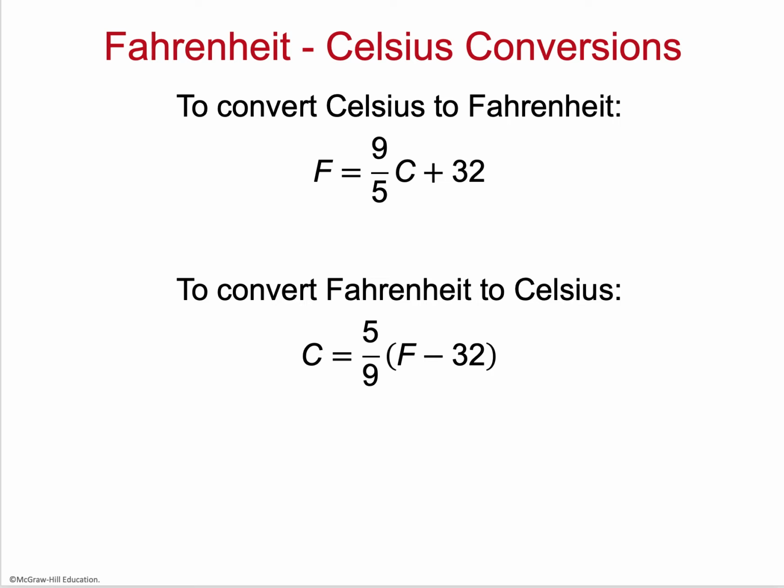Instead, we utilize equations. I take my Celsius degrees and multiply by 9/5 and then add 32, and that gives me the Fahrenheit temperature. If I have a Fahrenheit temperature, I subtract 32 from it and then multiply by 5/9, and that gives me my Celsius temperature.